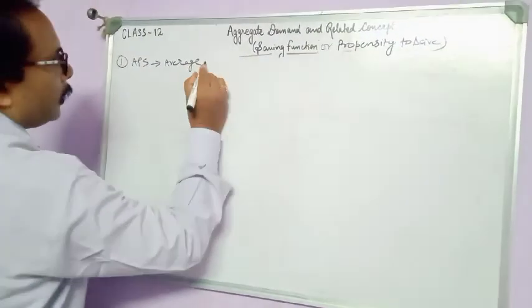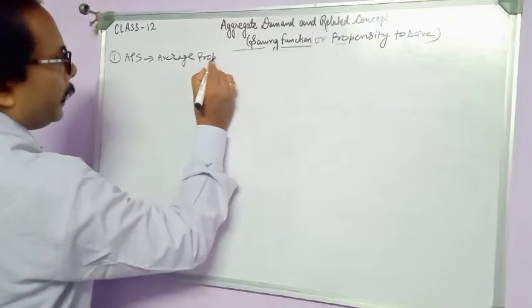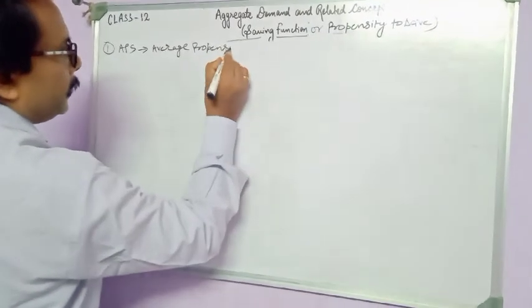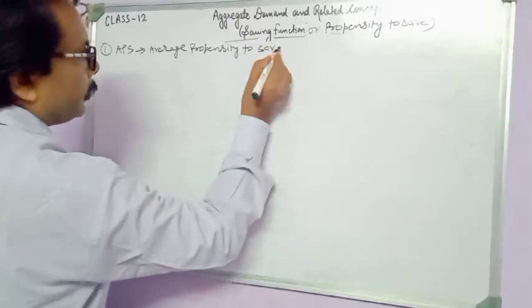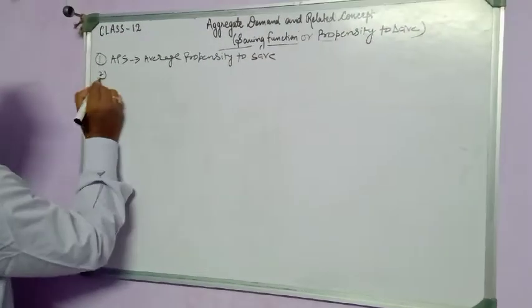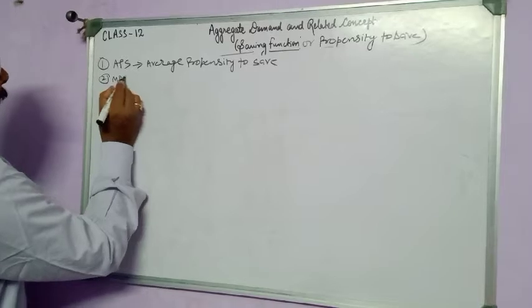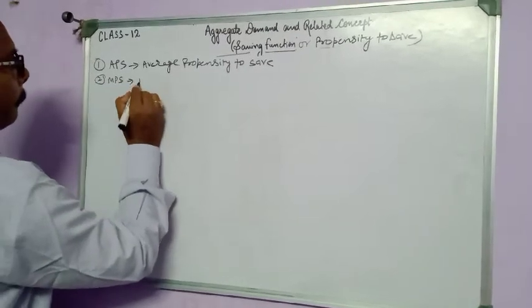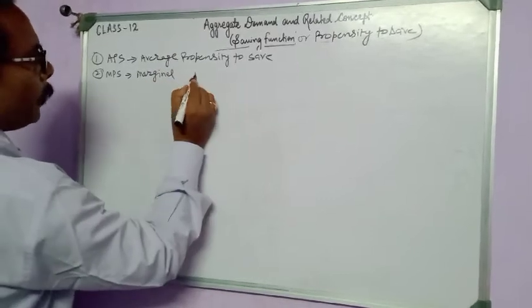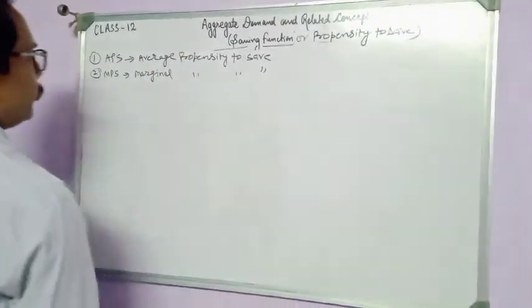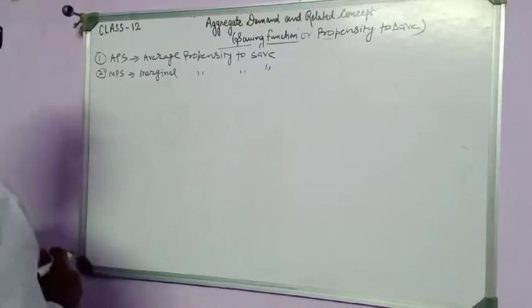And the other is known as MPS, marginal propensity to save. Now we will discuss both.